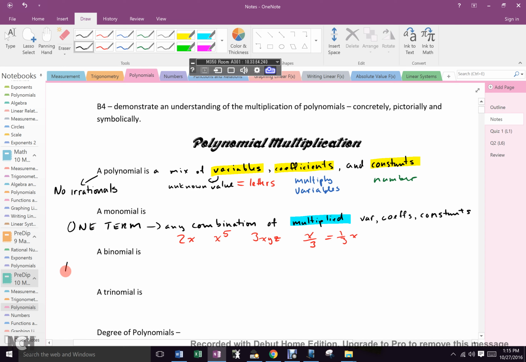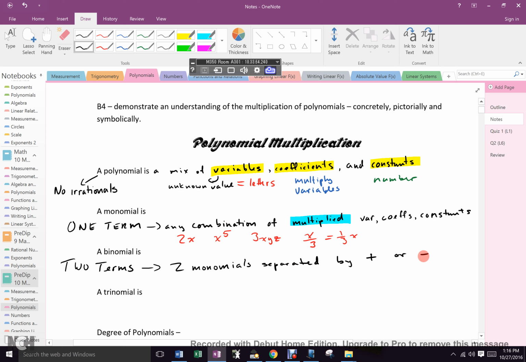So a binomial is 2 terms. We know what one term is. That's any combination. So a binomial is 2 monomials separated by addition or subtraction.